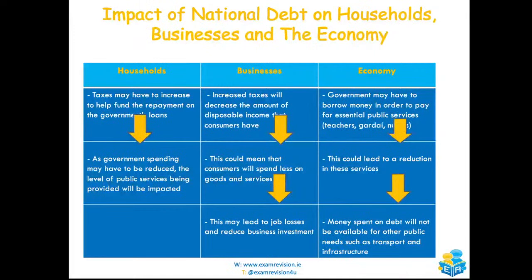And money spent on debt will not be available for other public needs such as transport and infrastructure. If the government is spending lots of its money on servicing the debt, then they might not have as much to spend on developing our infrastructure and transport links and that kind of thing.